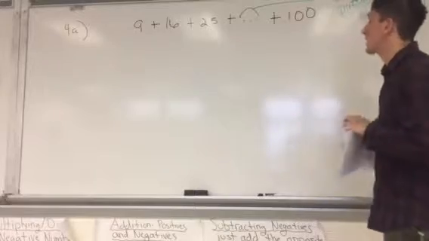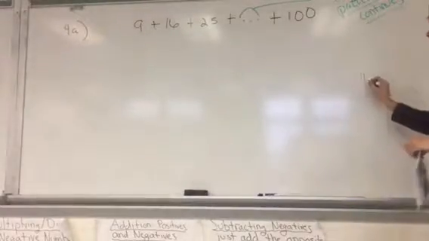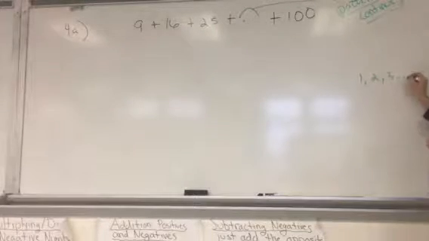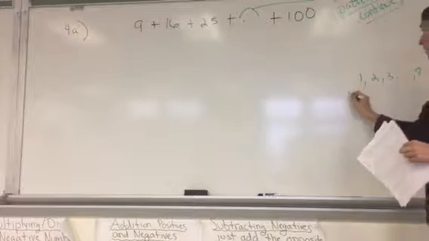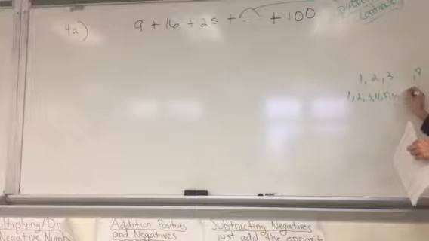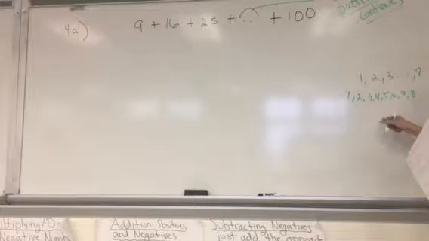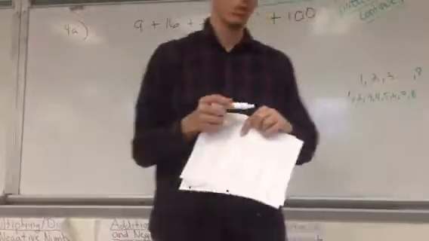That's going to put everything else in the pattern. So let's say I had 1, 2, 3, ... 8. If I continue the pattern, I'm increasing by 1. It's 1, 2, 3, 4, 5, 6, 7, 8. All the numbers in between continuing the pattern.